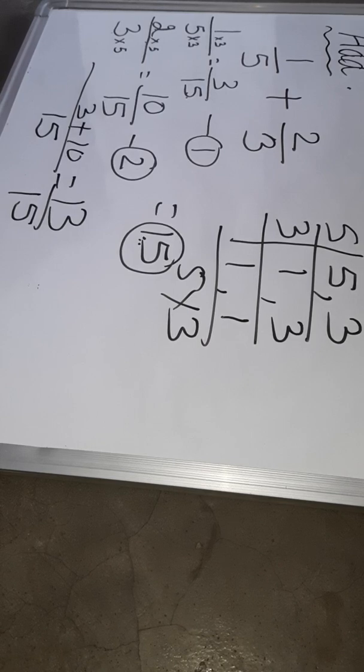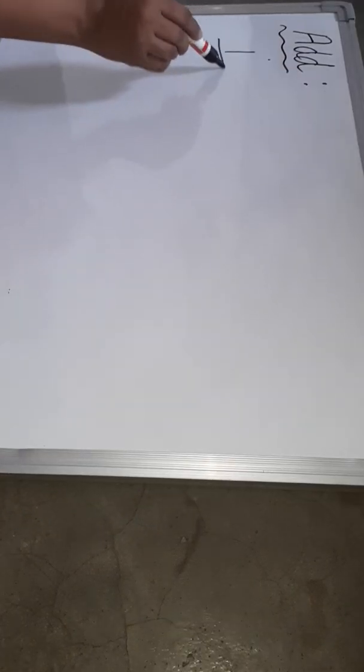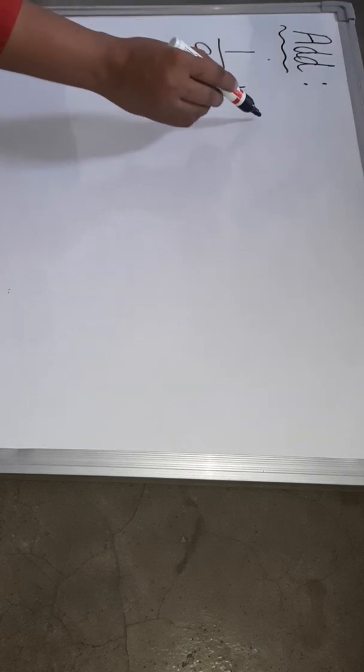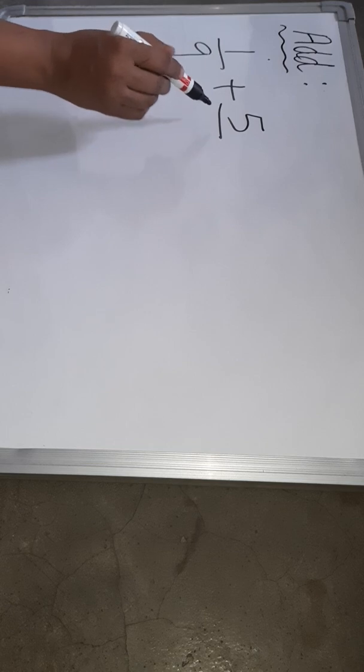Let us take one more example. So I am taking 1 by 9 to add with 5 by 3. Again, these two are unlike fractions. So what I told you is the first step? Yes, make them like fractions.